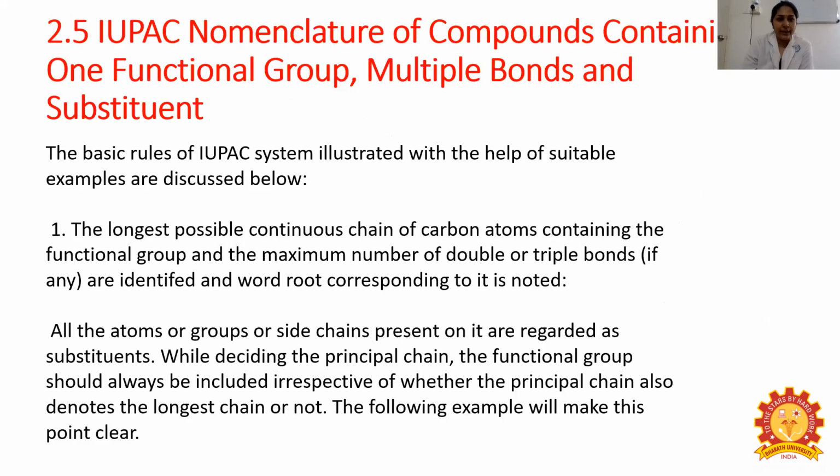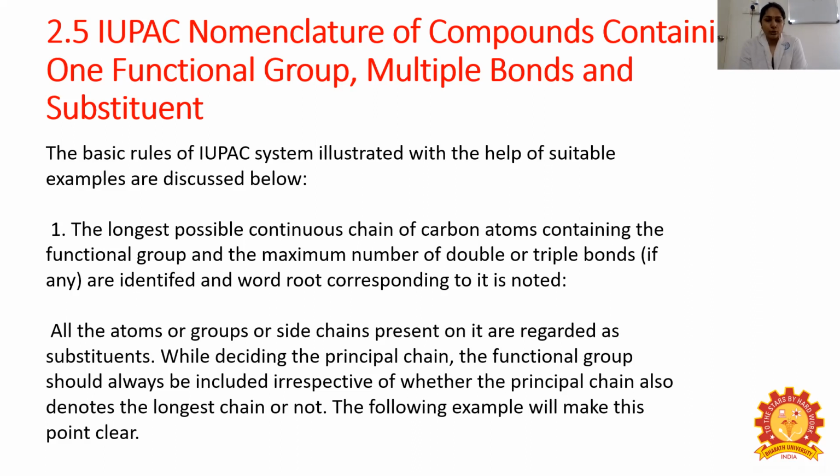Once again, I will repeat. IUPAC nomenclature of compounds containing one functional group, multiple bond and one substituent. The basic rules of the IUPAC system are illustrated with the help of suitable examples, discussed below. The longest possible continuous chain of carbon atoms containing the functional group and the maximum number of double as well as triple bonds is identified and the word root corresponding to it is noted.